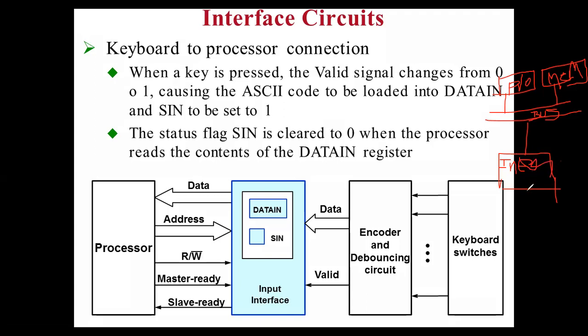For this interface circuit, we are connecting the peripheral devices, that will be IO devices. That means for communicating between the system bus and IO devices, we are using these interface circuits.